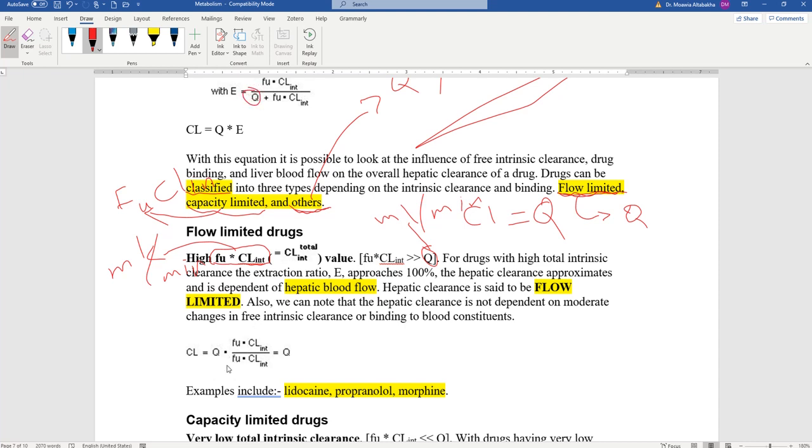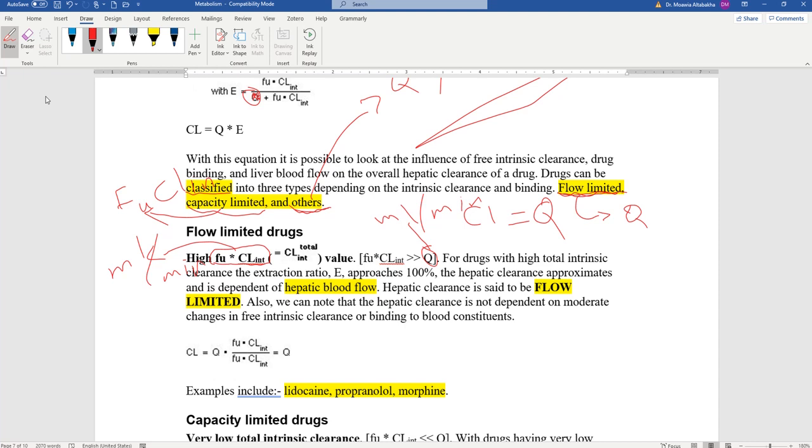Where did the Q plus go? Because FU multiplied by intrinsic clearance is much higher than Q. In this case, I can delete this one without really significantly affecting the ratio.